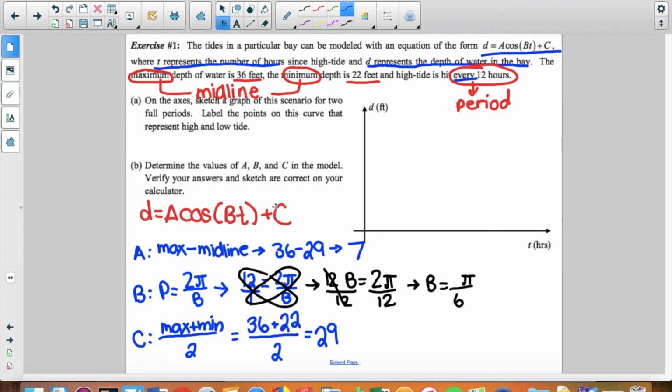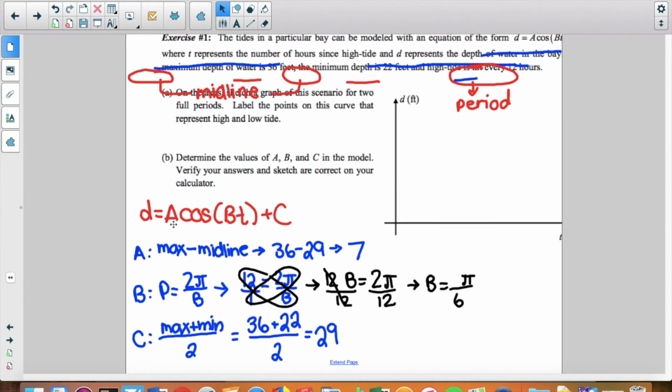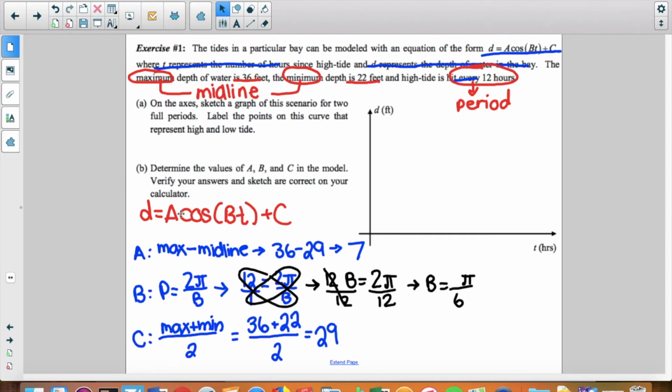We can finish writing our equation. So I'm going to make this smaller and I'm going to write the equation right underneath it.